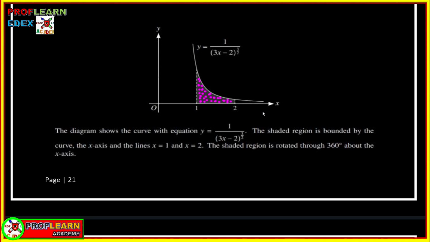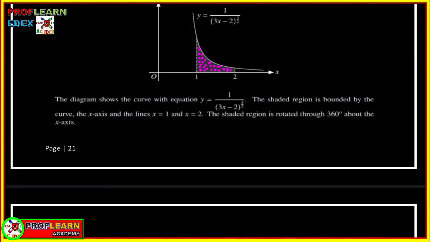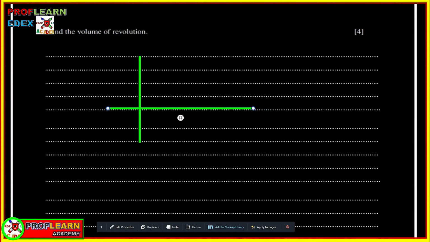Another bit that you need to know how to work out is the volume of revolution on both the y-axis and the x-axis. If we are revolving this curve on the x-axis, remember we are given the limits from 1 to 2.